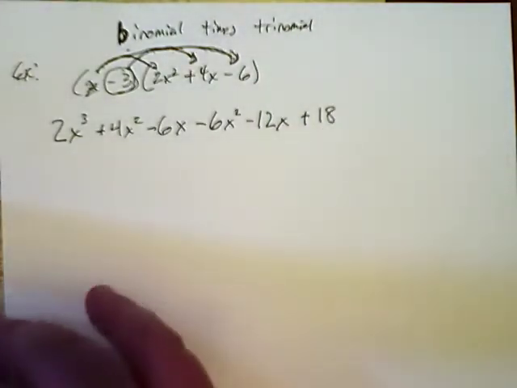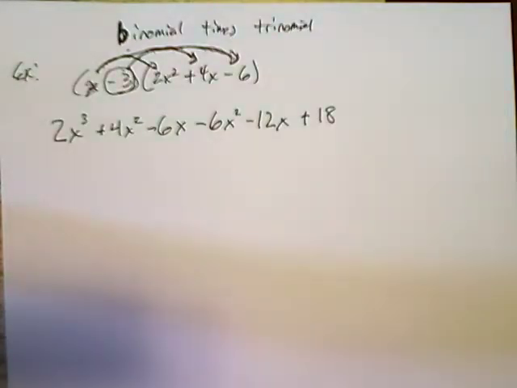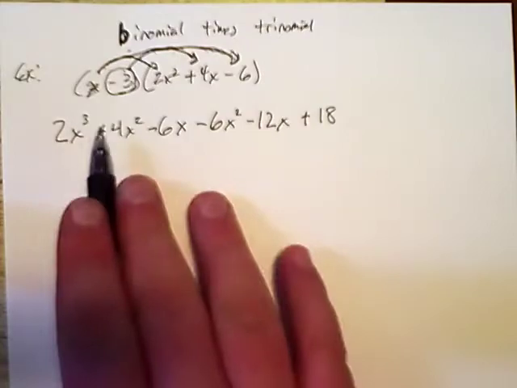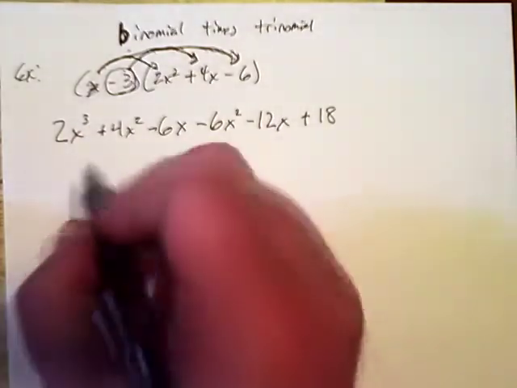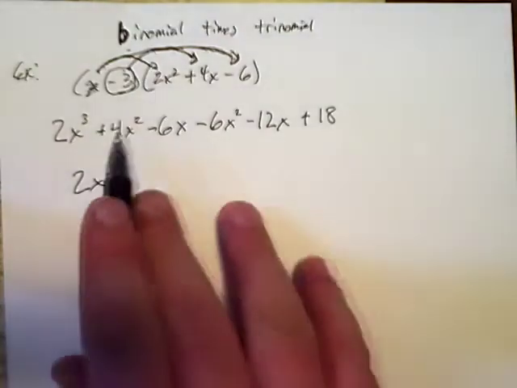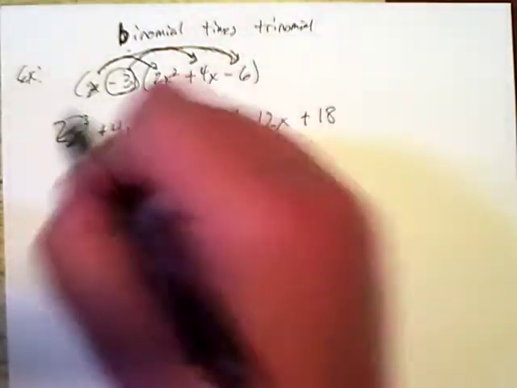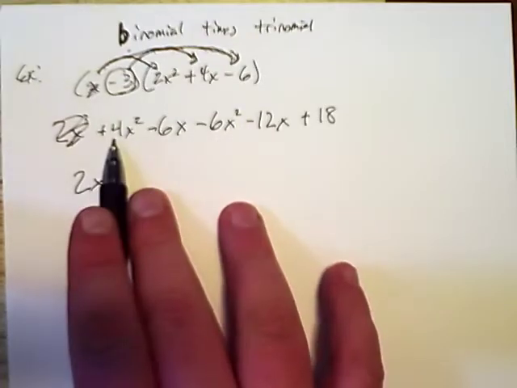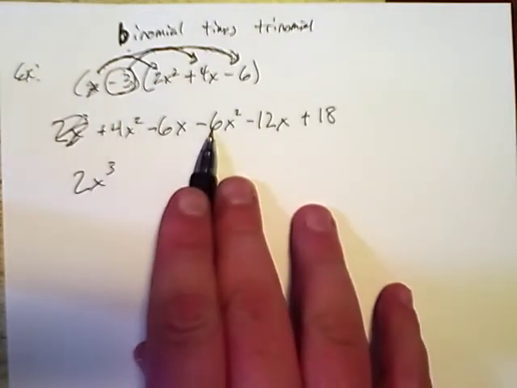So I've distributed everything. Now I want to combine like terms. Starting with my largest exponent, which is x to the third. There's only one of those, so I'm going to rewrite 2x to the third. Now I have a positive 4x squared and a negative 6x squared. Well, you have 4 to the right on the number line, 6 to the left on the number line.